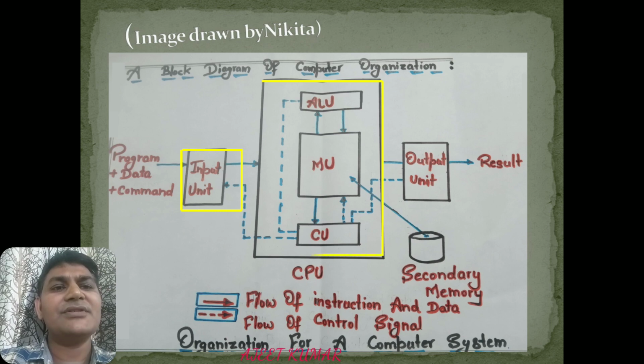This CPU consists of three parts: ALU, MU, and control unit, CU. And third part is output unit, where the results are displayed. We will discuss the remaining two parts, that is CPU and output unit.